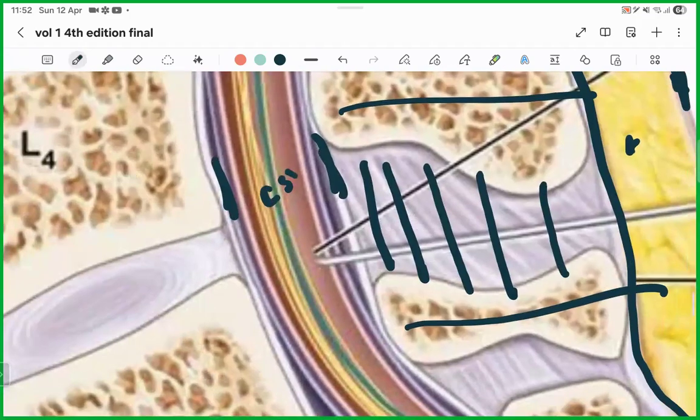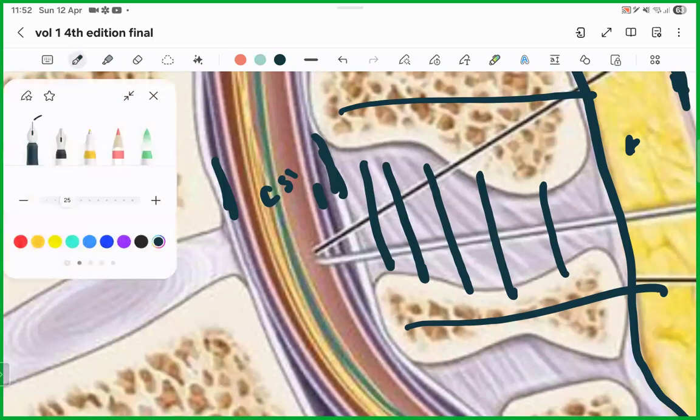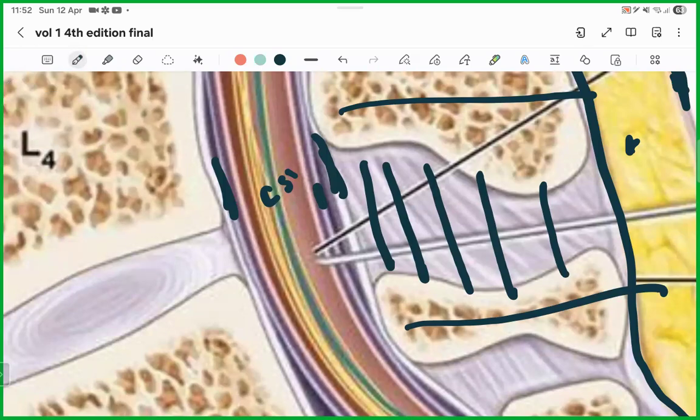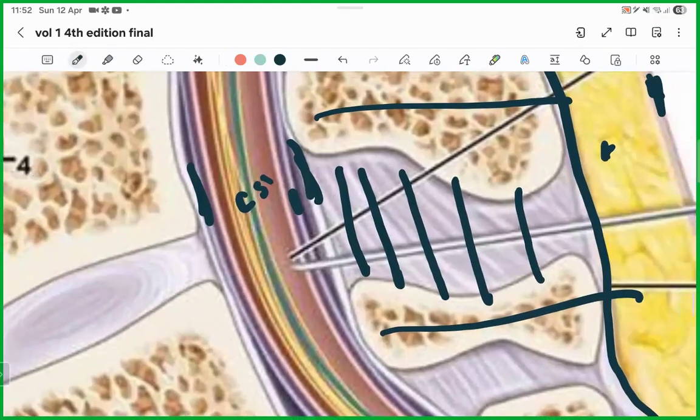Now, after the ligamentum flavum, we have the dura mater. In between the ligamentum flavum and the dura, there is a small space that is called the epidural space, because it is above, before the dura.